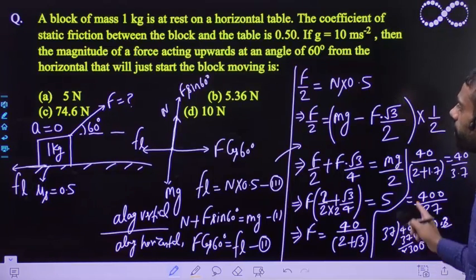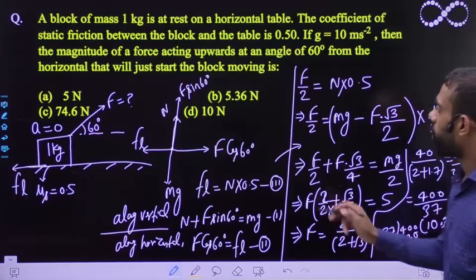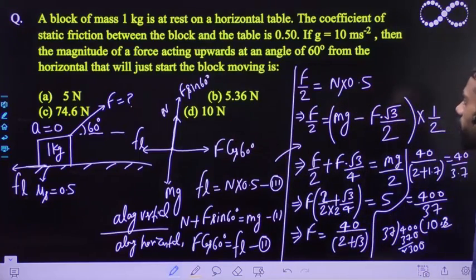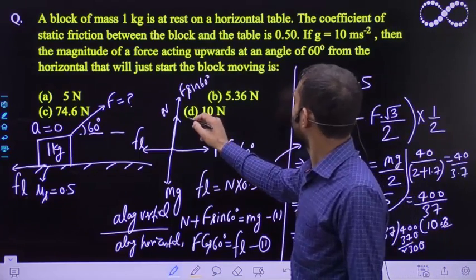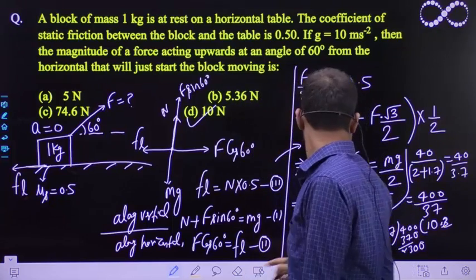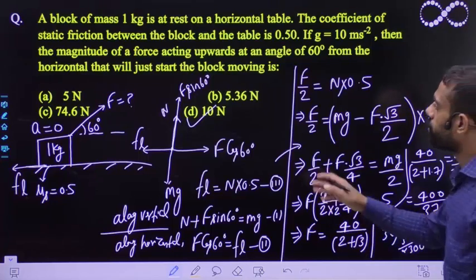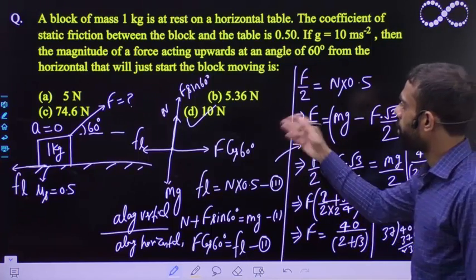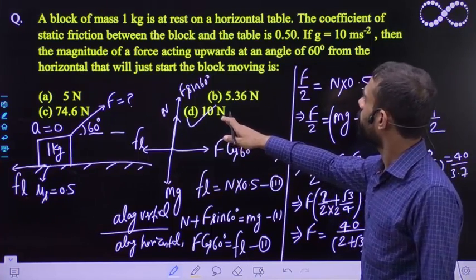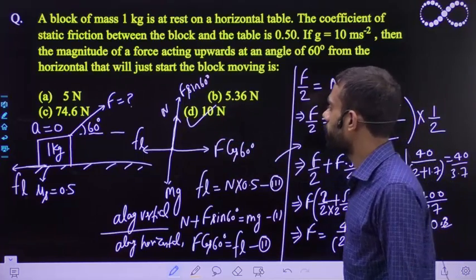So obviously option D will be correct, because approximately it will be 10 Newton. If you do the calculation, you will get approximately 10 here. So 10 point something you are getting, and in the options 10 Newton is given. I think it is approximate, so option D will be correct.